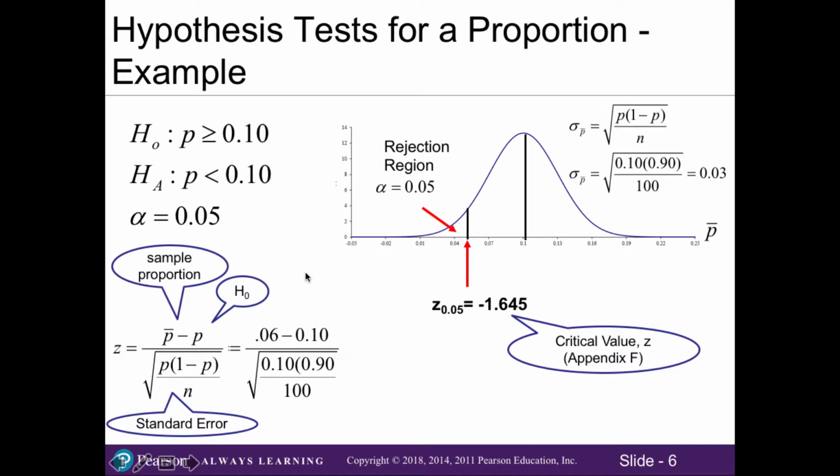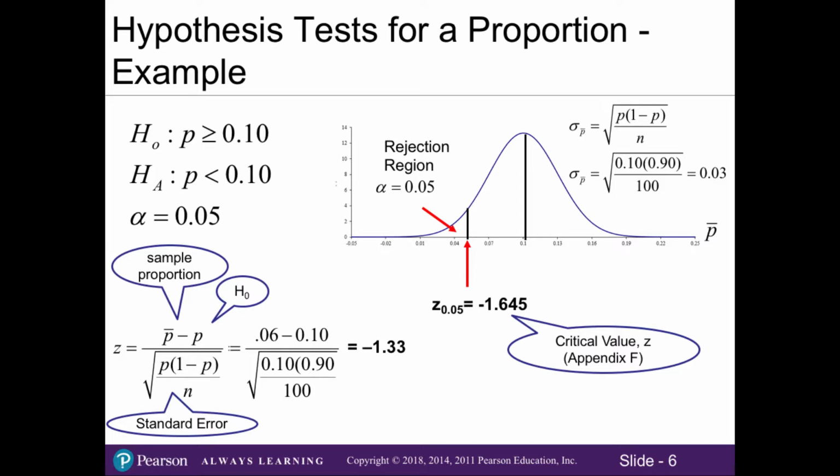And then our hypothesized population proportion of 0.10 gets plugged in everywhere else. Note, this 0.9 was obtained by taking 1 minus 0.1. We divide that by 100, square root the whole thing, and this is our standard error in the bottom of our formula. So when we take our numerator divided by our denominator, we will get negative 1.33.